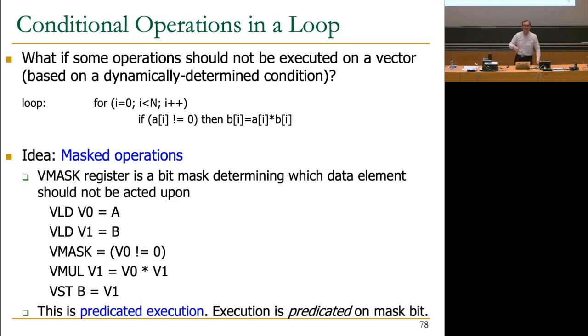Execution is really predicated on the mask bit. It actually applies to all operations in a vector processor. I did not talk about this, but here the vector mask is all 1s. That's why all of these are unconditional. But once the vector mask changes, if some element has a corresponding element in the vector mask that's 0, then that doesn't take effect.